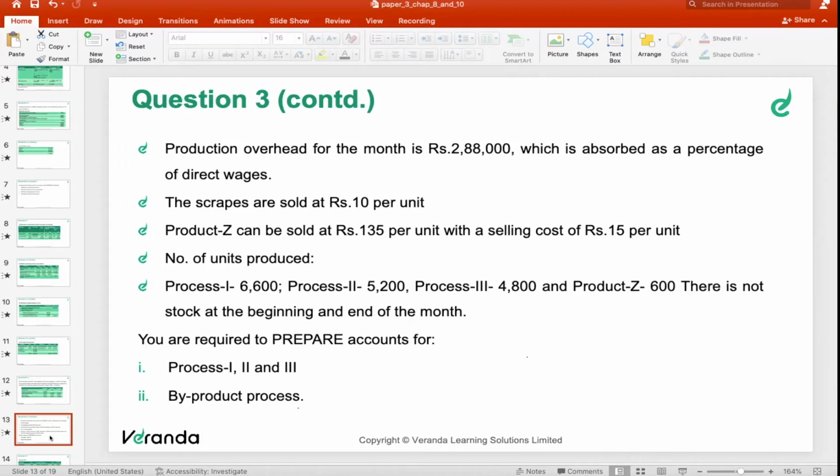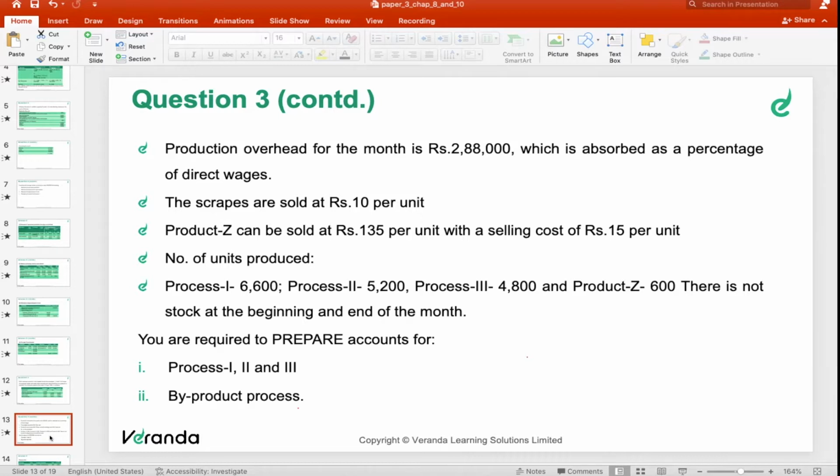Next point. In process costing, each and every process is called a cost center.